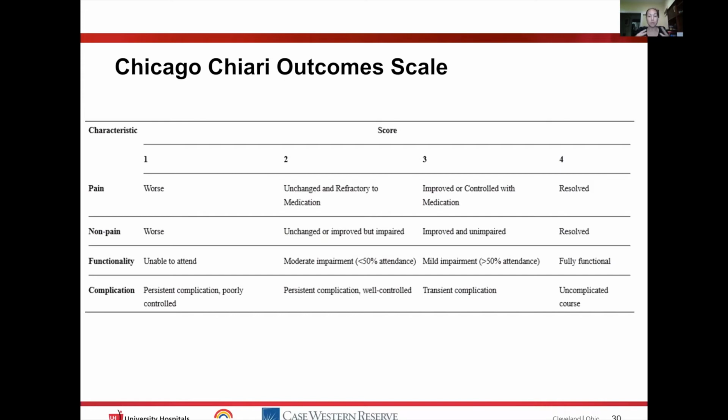And then from a functionality measurement, if they were either unable to attend school or work, if they had moderate impairment, mild impairment, or if they were fully functional. And then for the complications, persistent complications were the lowest score and no complications were the highest.